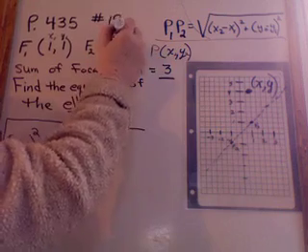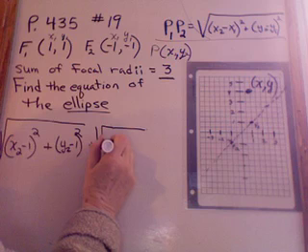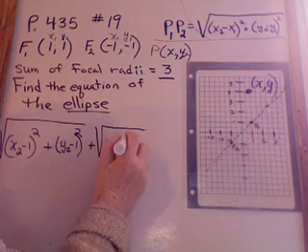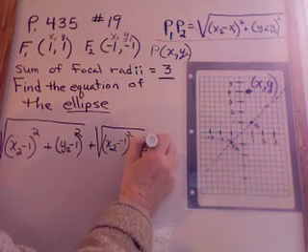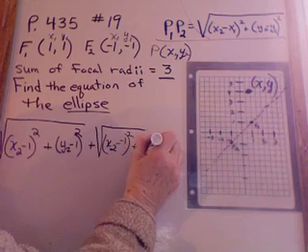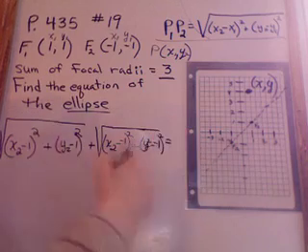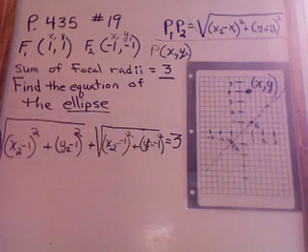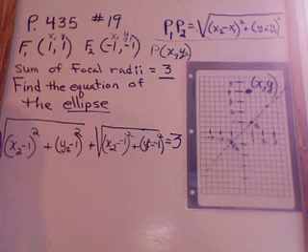Now we're going to call this my x1, y1. We'll use that point again. So I'll do x2 minus negative 1 squared plus y2 minus negative 1 squared. And the sum of these two distances has to equal 3. Now, all I have to do is solve that equation. I hope you notice that this double negative here becomes a plus.